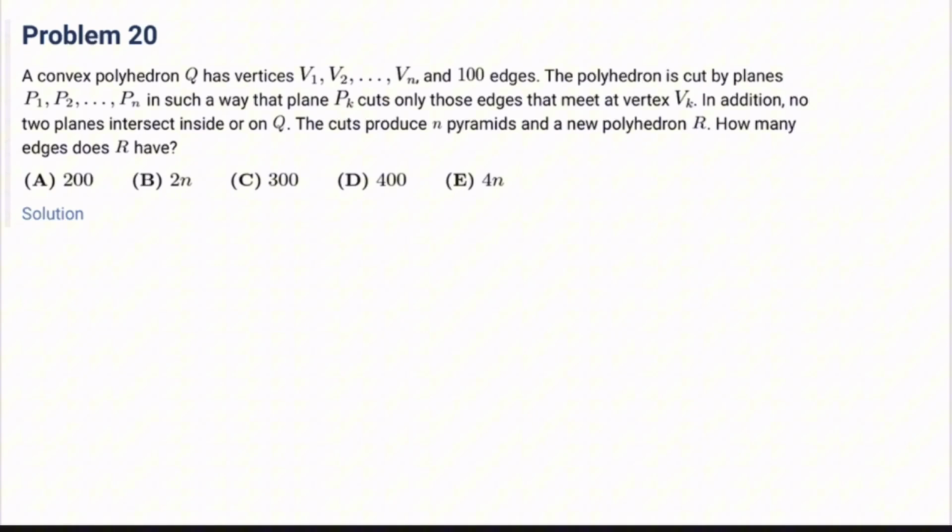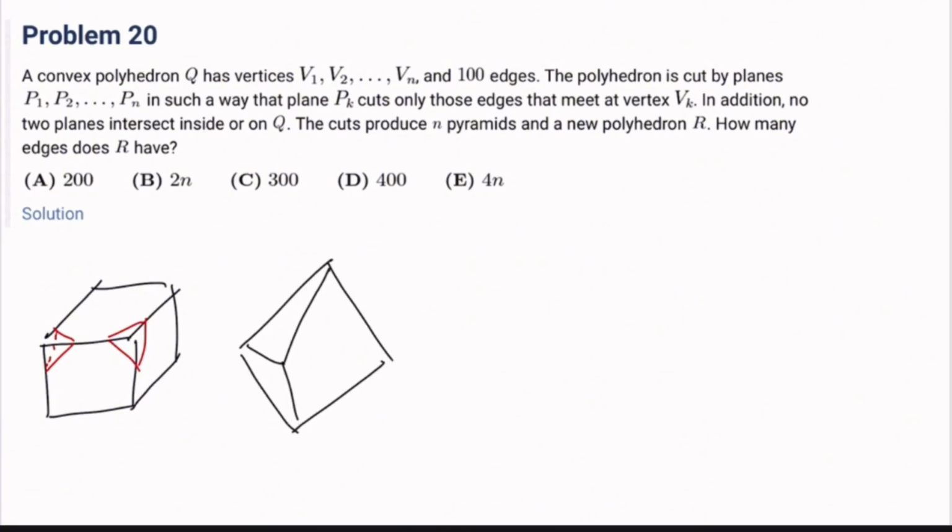If you look at any convex polyhedron, like let's say a cube, right? Then this just means that it's going to be cutting these corners, just literally cutting corners. And for polyhedrons where 4 edges intersect like that, right, then it's also going to cut off like this, and this, and so on, right?